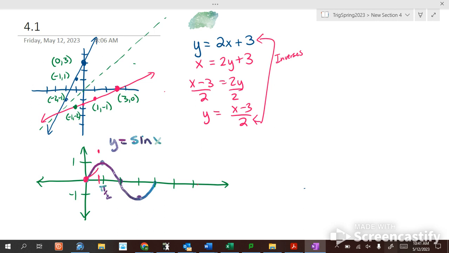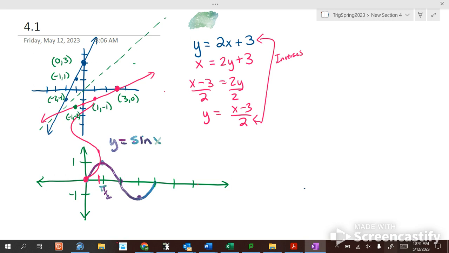So what would actually happen is it would go like this. So this would flip from here to here, just like this flipped from here to here. We're flipping around the axis here. Okay?